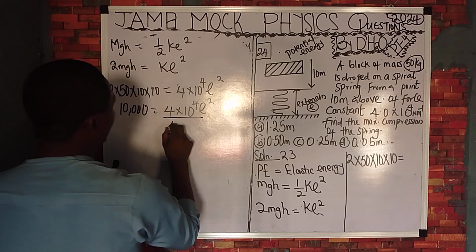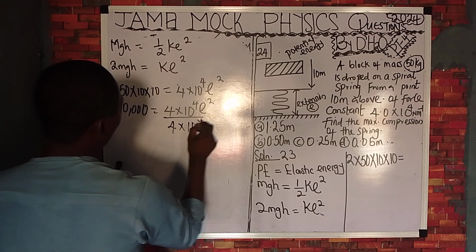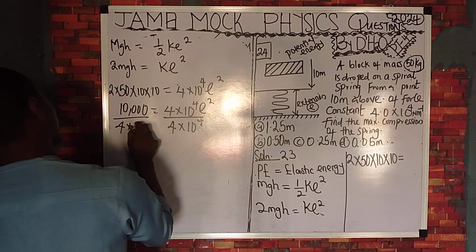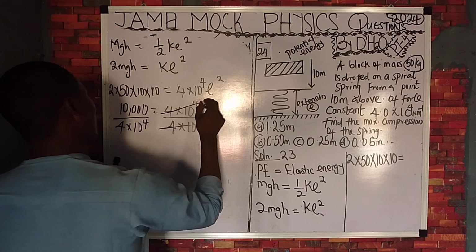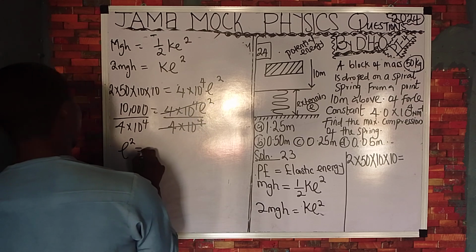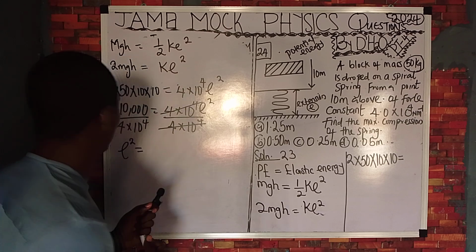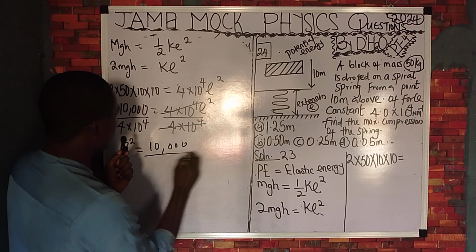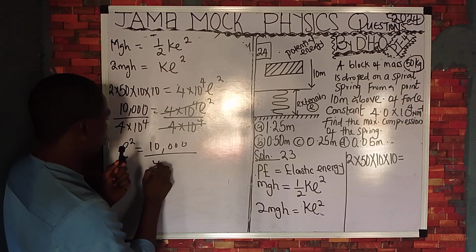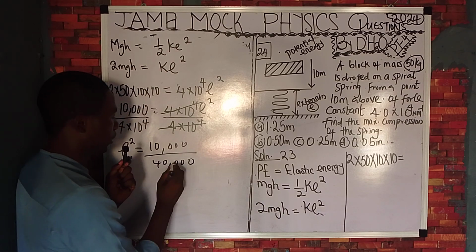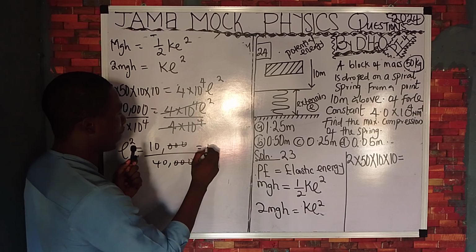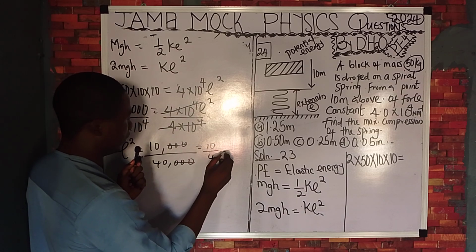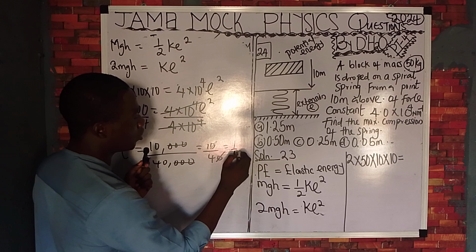So we divide both sides by 4 times 10 raised to power 4. You have e square equals to, let's do this quickly, 10,000 over 40,000, since you have 4 zeros. This cancels this, you have 10 over 40, and this cancels, you have 1 over 4.